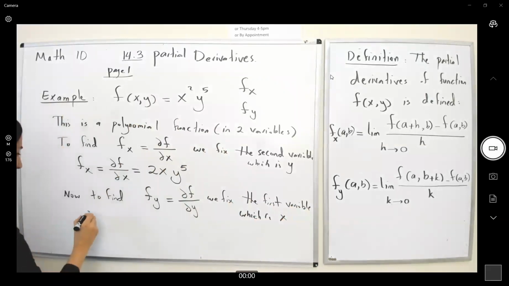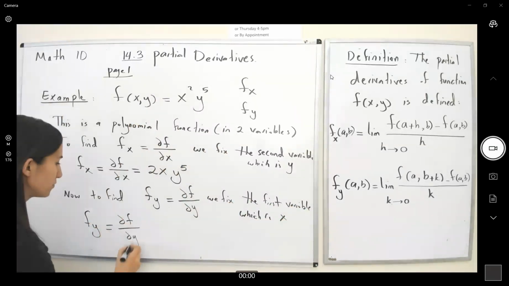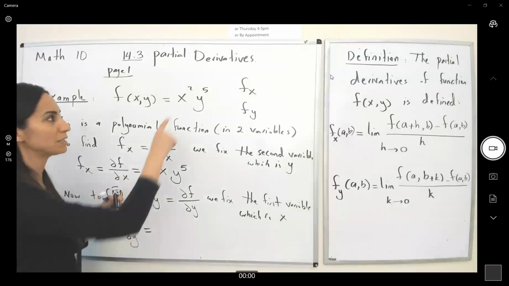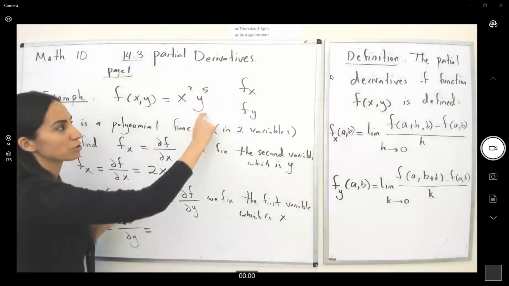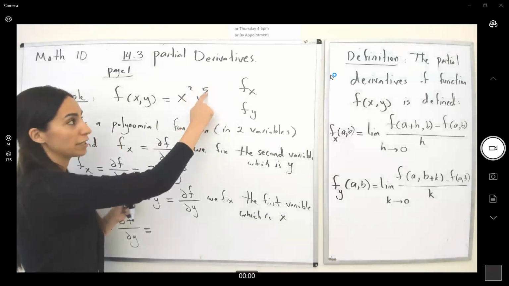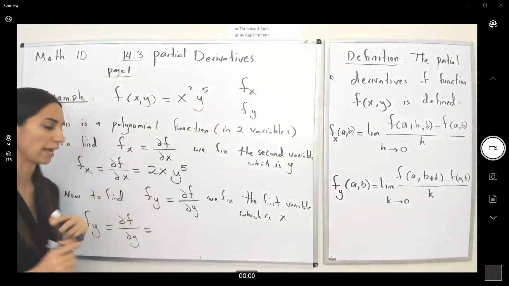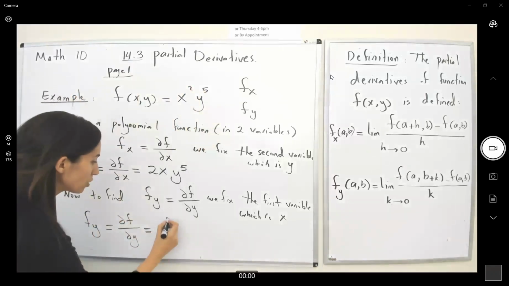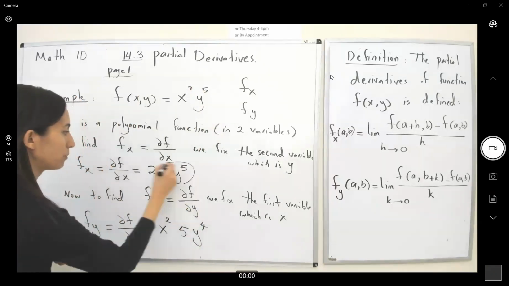Taking the derivative with respect to y, the second variable, it means that this guy is just a constant, it's just a number. So when you take the derivative with respect to y, it is 5y to the 4th multiplied by x squared. So you copy down your x squared, 5y to the 4th.